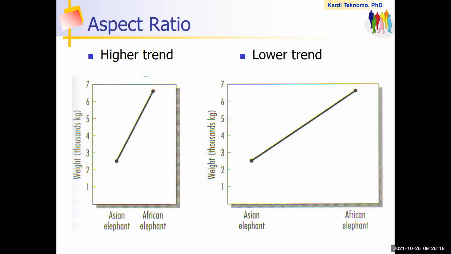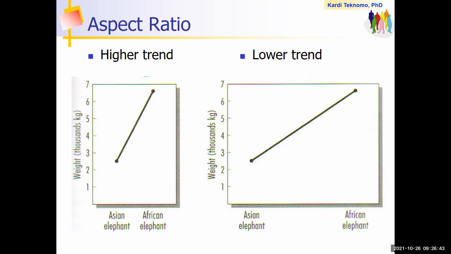The aspect ratio of the chart. Now I use the same scaling of the y, 1 to 7, but now the width is different. If you look at the left side here, it looks like a higher trend than the right side, right?